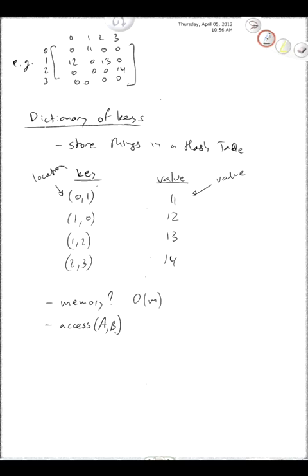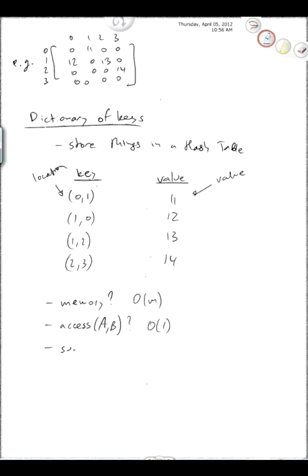Somebody comes along and says, is edge AB in the graph? Or what's the value of location AB in the sparse matrix? Well, you can answer that in constant time, because you're just going to take this key, you're going to pass it through the hash function, and you're going to see what the associated value is.